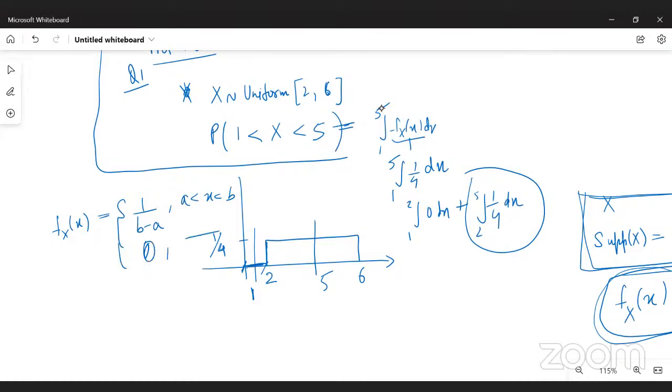So here it was uniform in 2 to 6, so f_X will be defined as 1 upon 6 minus 2, which becomes 1 by 4. So if it is uniform between a and b, then it is 1 by b minus a for the whole interval, right? Yes, yes.